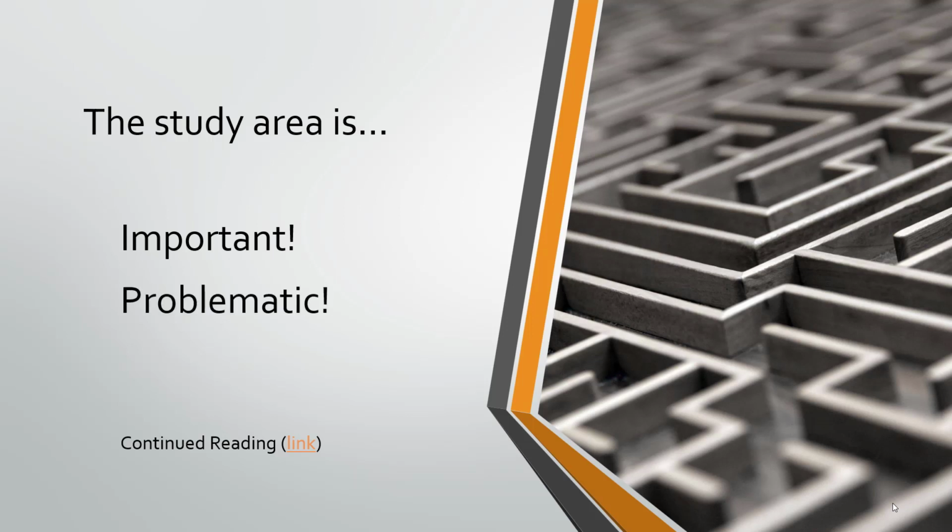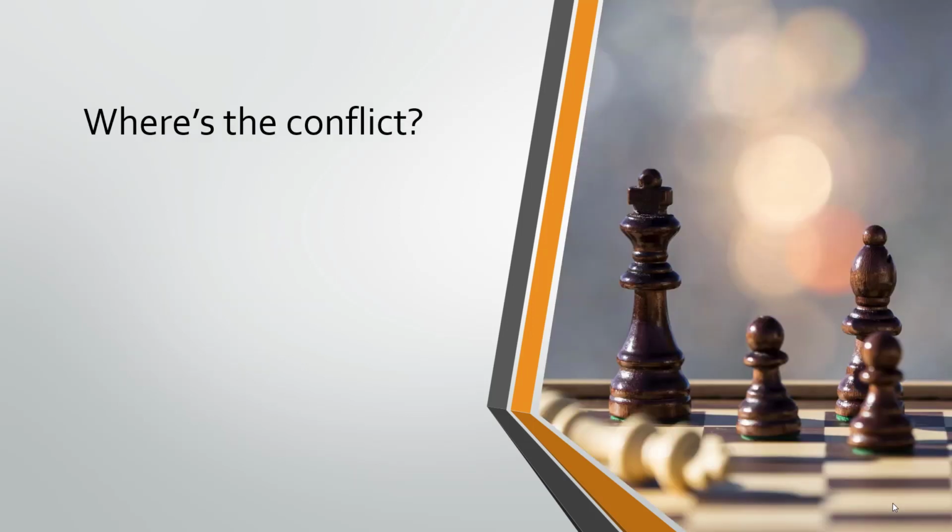Another area is to show why it's problematic. Is there a gap in the knowledge, or is there some problem that needs to be solved? If there's no problem, if there's nothing to be done, then we really don't need to do the study. And then finally, we need to look at why this study is relevant to this area of research.